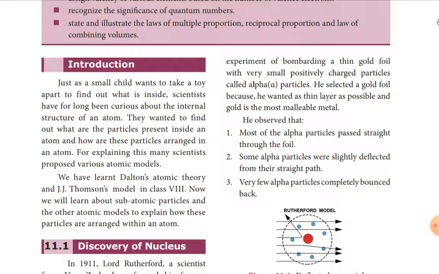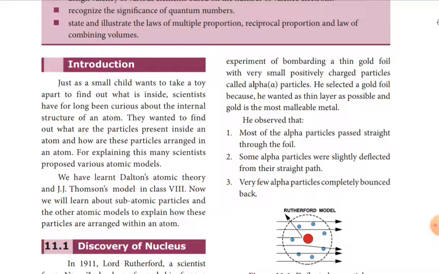From this experiment, Rutherford observed that most of the alpha particles passed straight through the foil, without any deflection or deviation. Secondly, only some of the alpha particles were slightly deflected from their straight path, by small angles.